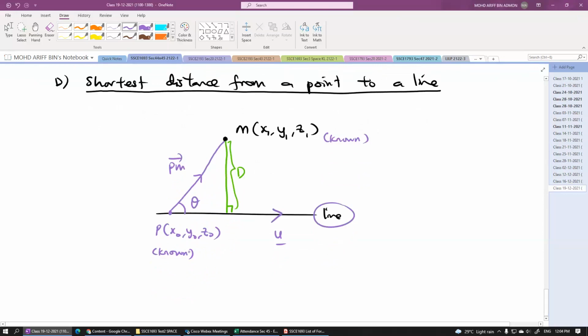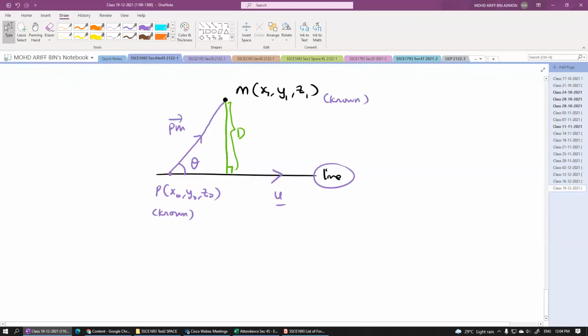If we want to use the information, you have this theta, you want to find this shortest distance, and you can get this vector. What kind of formula from Pythagoras theorem can we apply here?